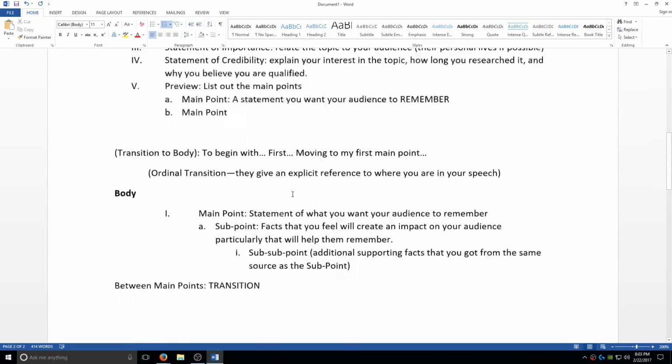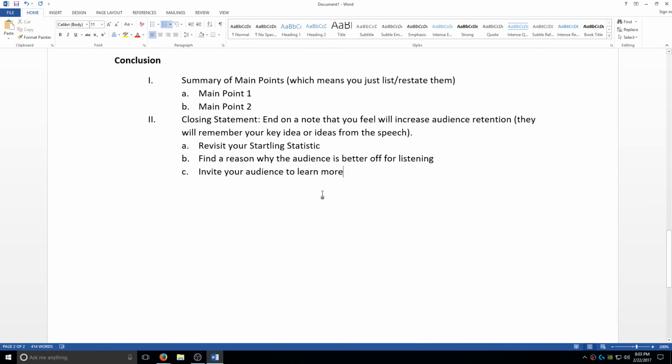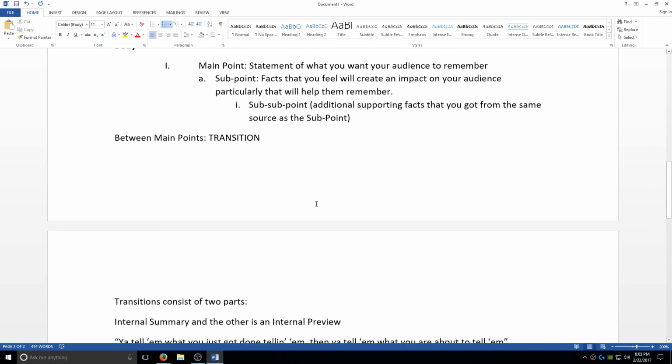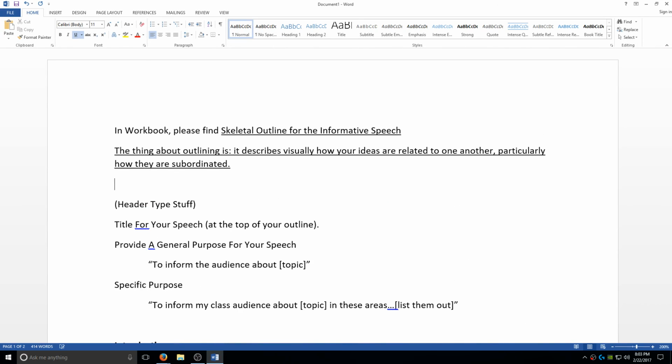This is the outline. Now, one last little detail that's pretty important, and it's so important that I'm going to scroll all the way back up and put this at the top. For this class, and I'm even underlining it, your outline needs to be in full sentences.